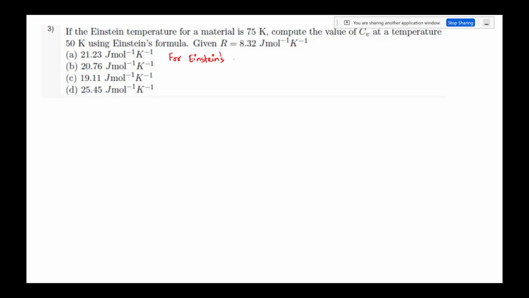For Einstein's specific heat, this is Cv becomes 3R y squared e to the power y divided by e to the power y minus 1 whole squared, where y is theta E by T. What is theta E?